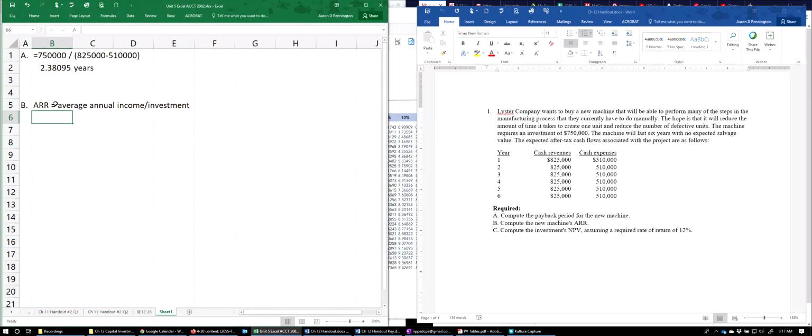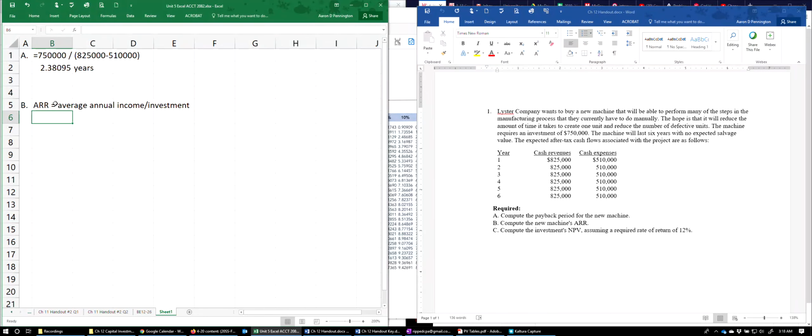So we need to actually compute average annual income. We have cash revenues and cash expenses. We can get the difference between those two. But there is a non-cash expense that we also need to account for.